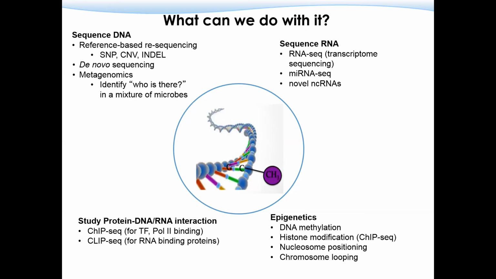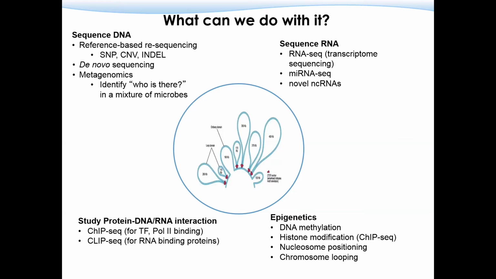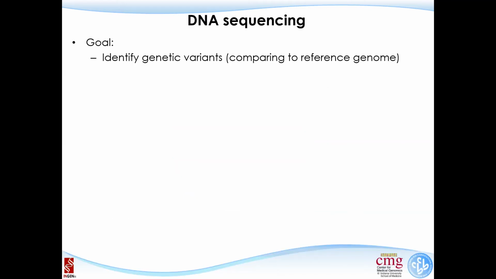By combining everything together, we can also study epigenetics, including DNA methylation, histone modification, nucleosome positioning, or chromosome looping. Okay, so this is the chromosome looping architecture. And this year, for the first time, we'll have one lecture fully devoted to chromosome looping research as well. It becomes very, very interesting.